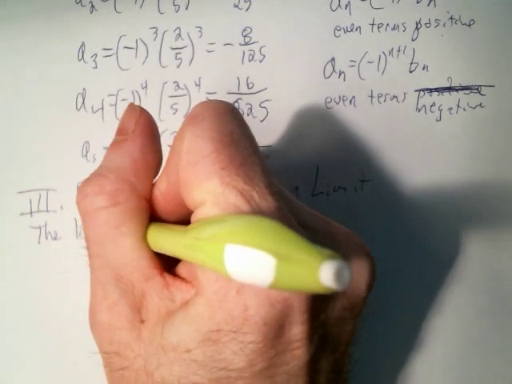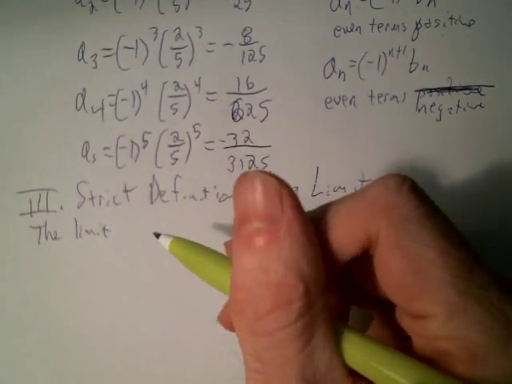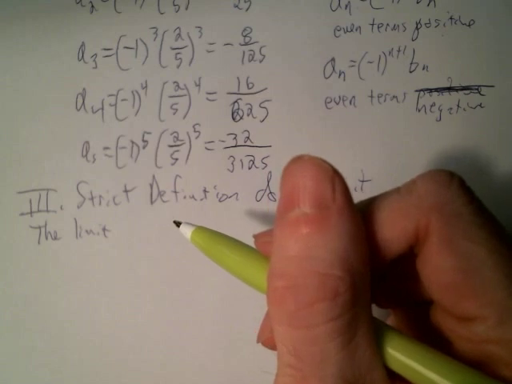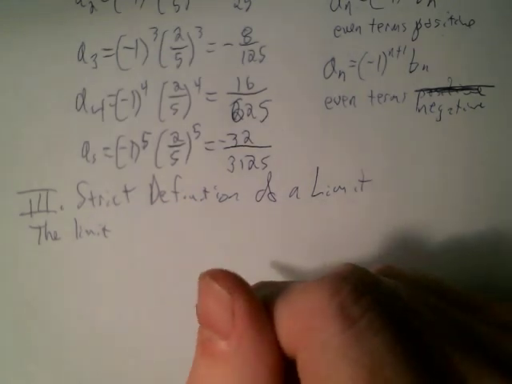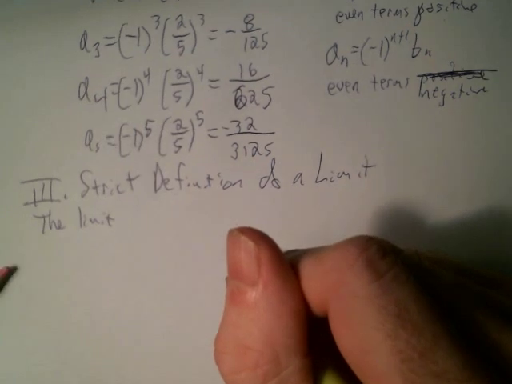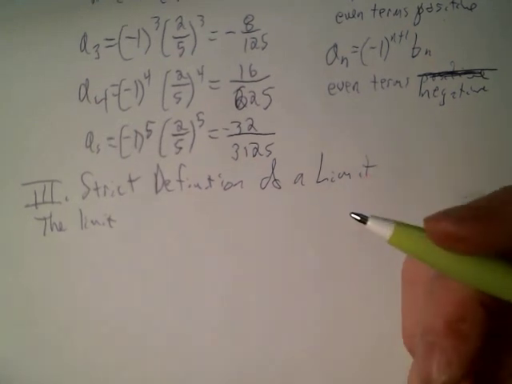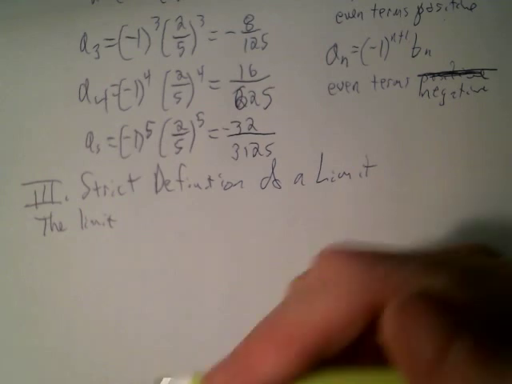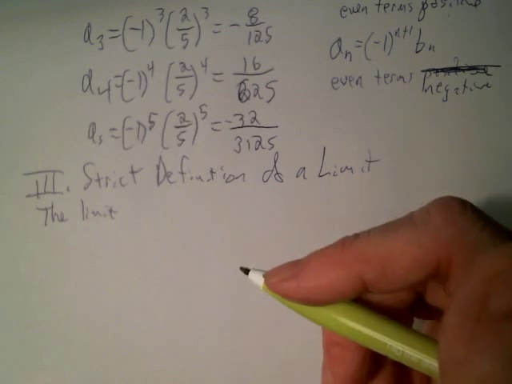A lot of the proofs in this section are going to depend on the strict definition. So I don't want to say that we shouldn't know it, because if you don't know the strict definition, you're bound to get lost in all the proofs. If you don't understand the mechanics or the proofs, then it just comes down to memorizing everything by rote, and that's a terrible way to remember things, in my opinion.